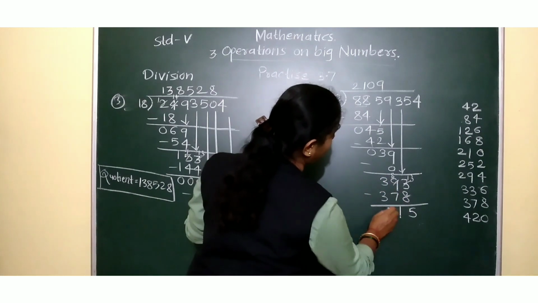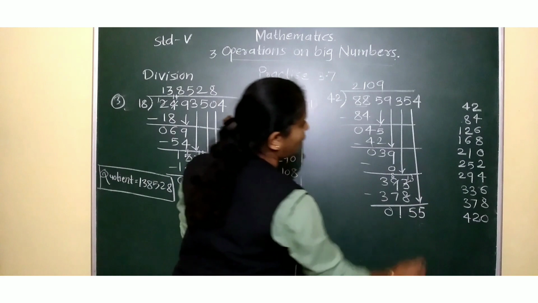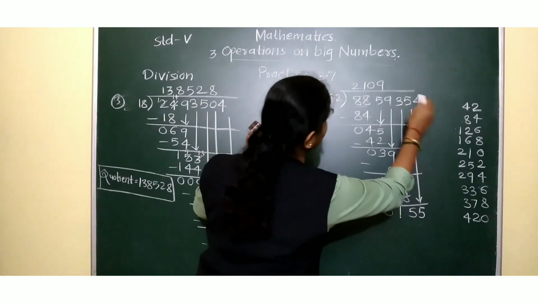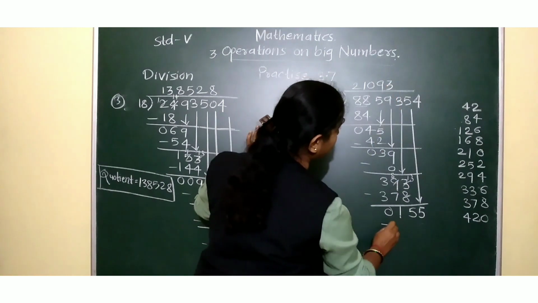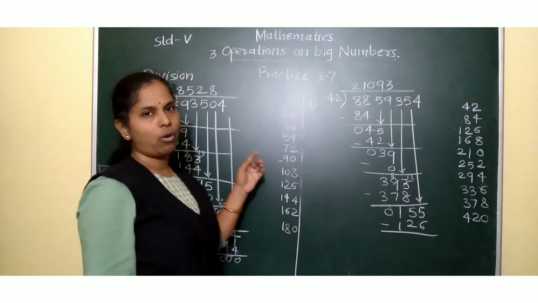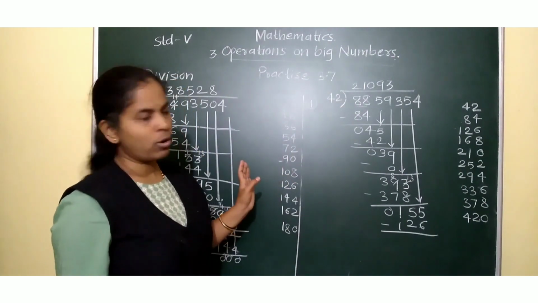And 3 minus 3, 0. Now take this 5 down. Now which number is close to 155? 126. 42 3s are 126. When we write the table beside the divisor, then it becomes very easy for us to divide.